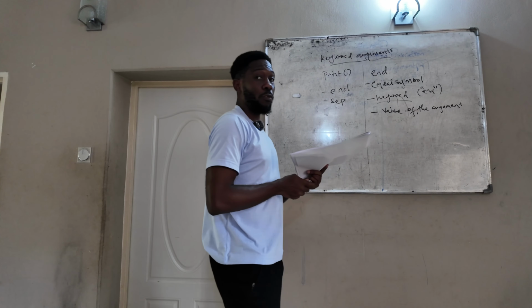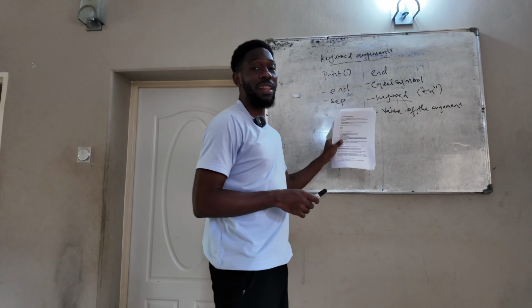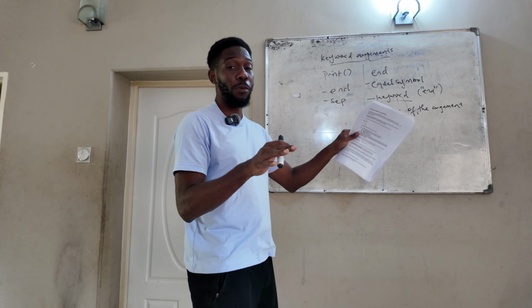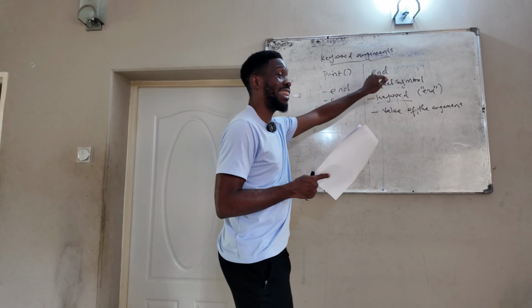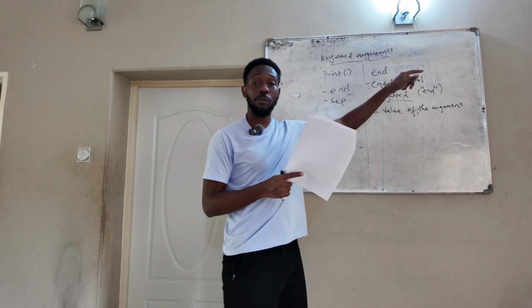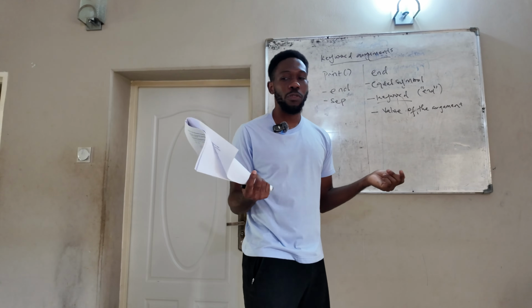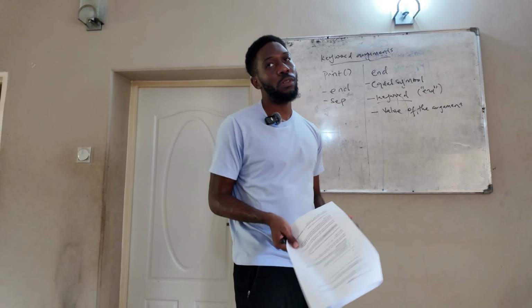Another thing you should take note of when using keyword arguments is that the keyword arguments will always be last whenever you're putting your arguments in your function. In this case, the end is going to be the last argument in the print function. Keep that in mind, because when I was learning, I made the same mistake of putting the keywords first, and there were a lot of errors.